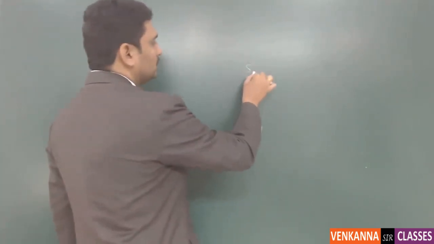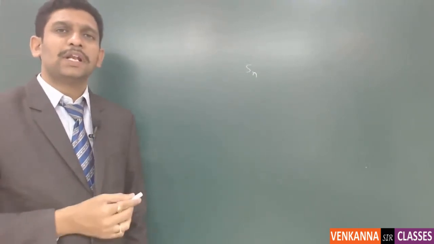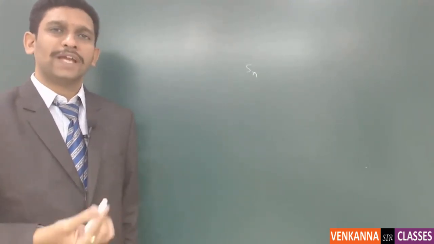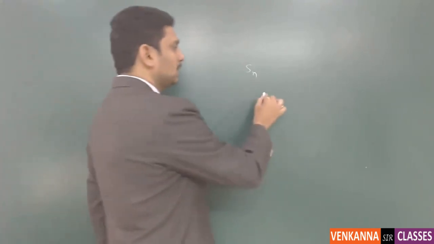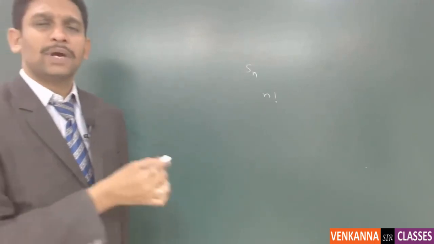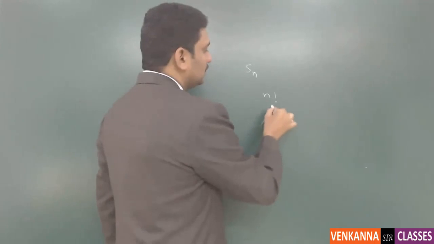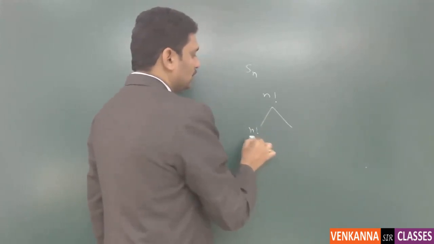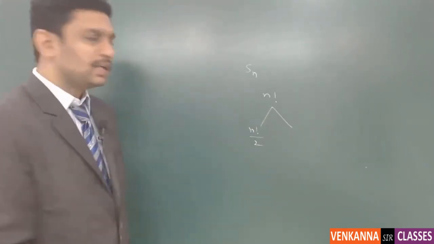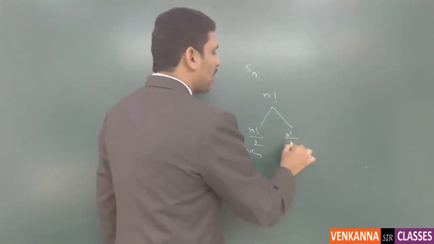Now, as you mentioned, whenever we consider the symmetric group Sn of n symbols, the total number of permutations in Sn is nothing but n factorial, in which half of them are even permutations and the remaining are odd permutations.